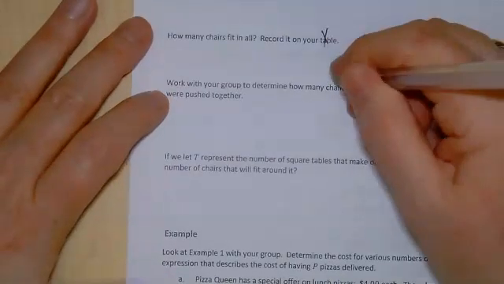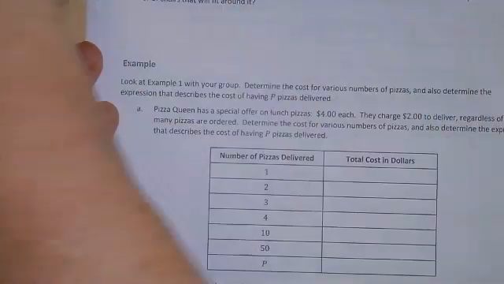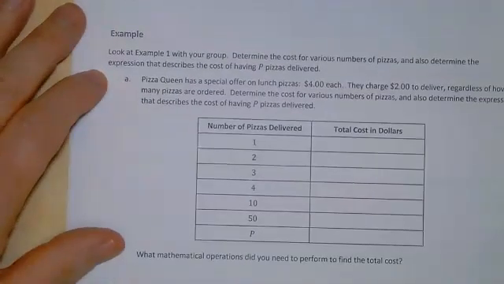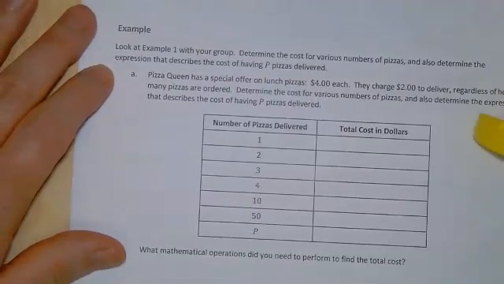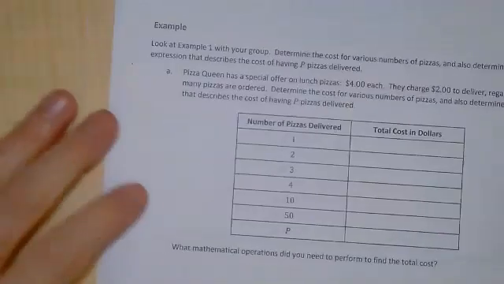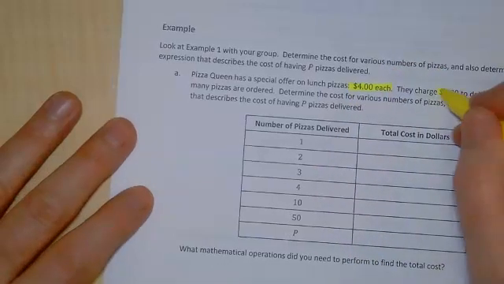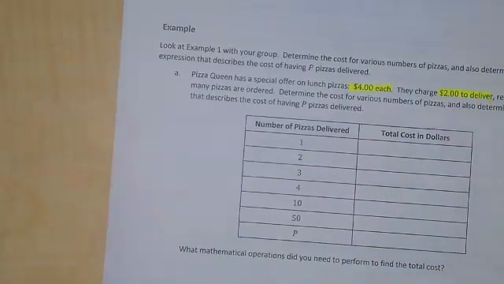Okay, let's turn the page. We've already answered this and this and this. We're going to go down here at the example. Looking at this example, Pizza Queen has a special offer on lunch pizzas, $4 each. They charge $2 to deliver regardless of how many pizzas you order.